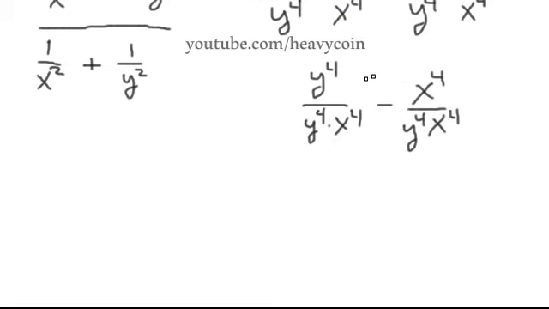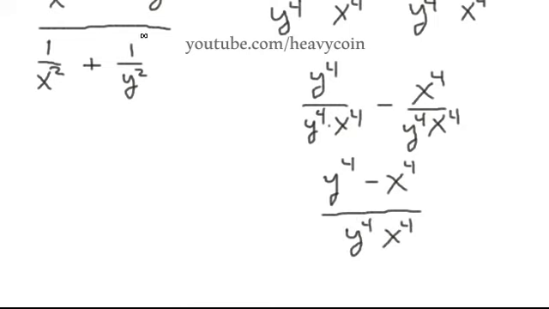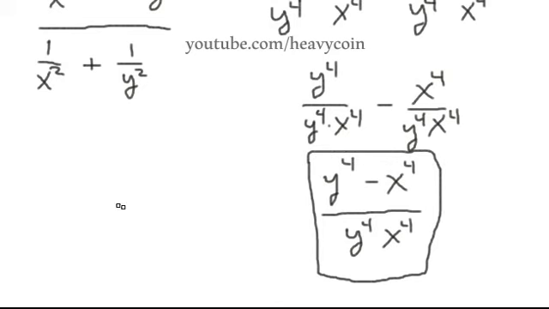Okay, so we want to get this into one single fraction here. We've got y to the 4th minus x to the 4th over y to the 4th and x to the 4th. That takes care of the numerator. Now let me just put a square around all that, box it in. Then we'll work on the denominator.